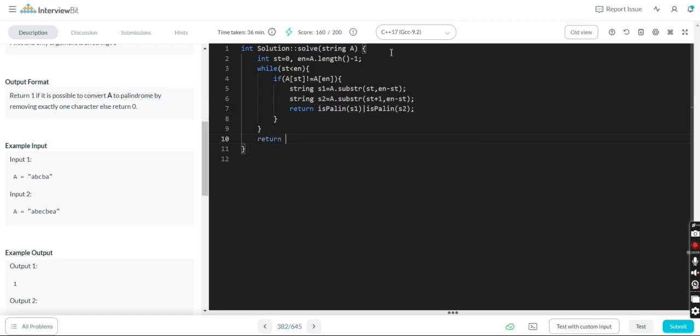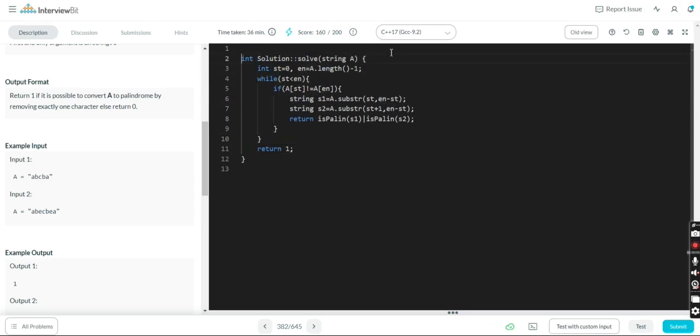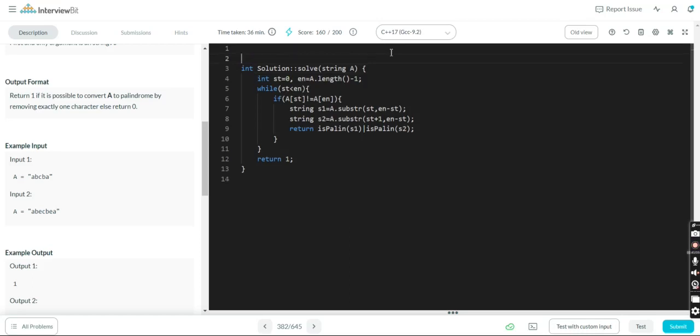And by default we will return a 1. That is the case when the given string is a palindrome. So in that case we can always remove one character to make the string a palindrome again.